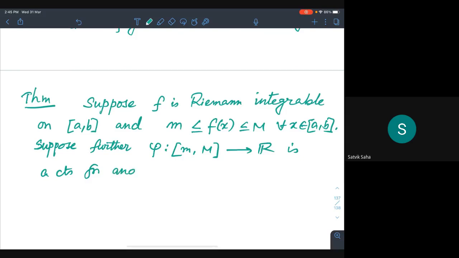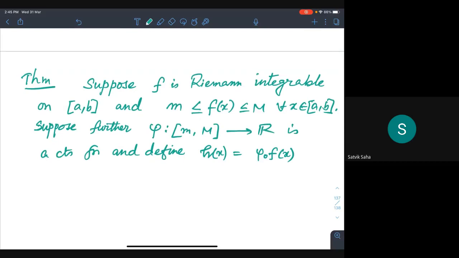And define h(x) to be phi composed with f(x). F takes x into the interval [m, M], and then phi takes f(x) to R, on [a, b].